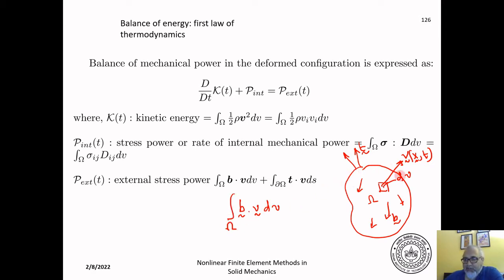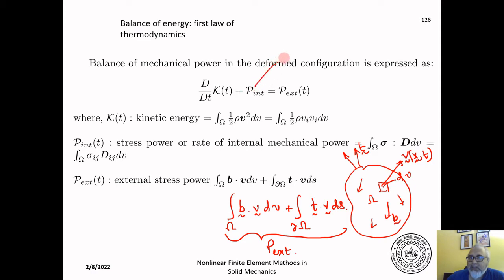Similarly, the power expended by all the surface tractions is T dot v ds. So this constitutes the external power that is supplied to the body through the tractions and the body forces. So this external power goes into increasing the kinetic energy and the internal energy of the body, and does work on the body.